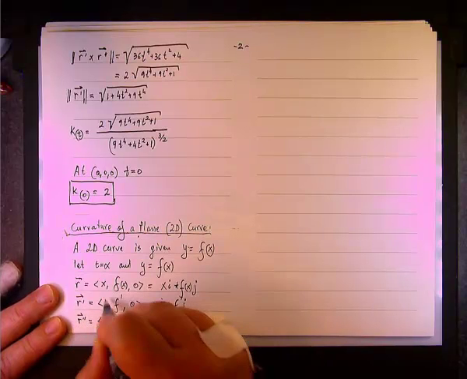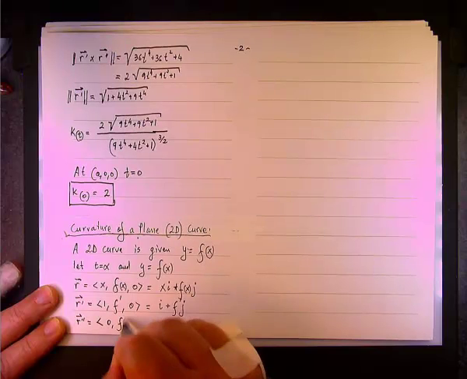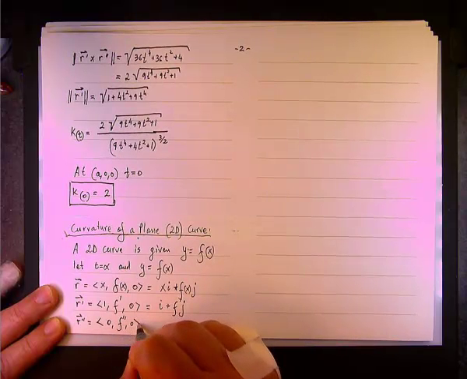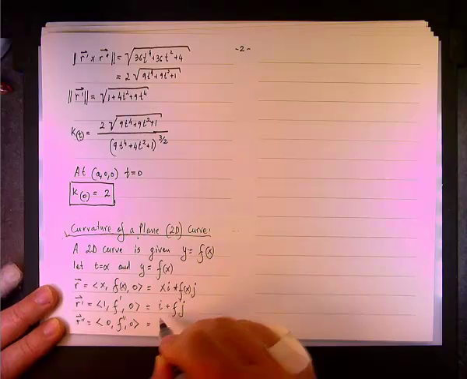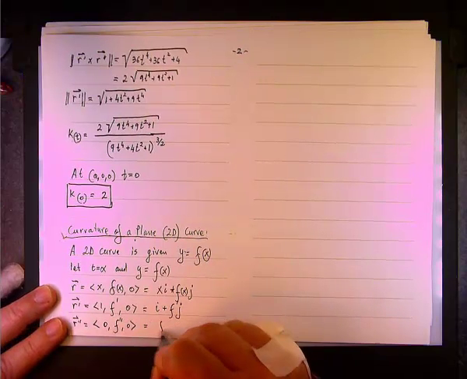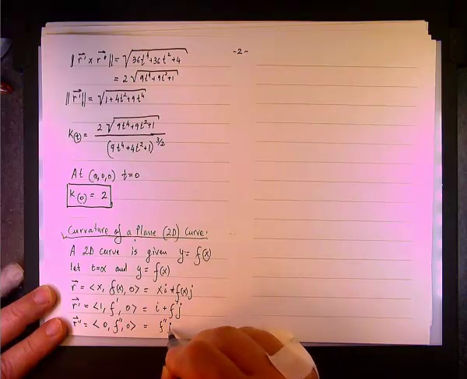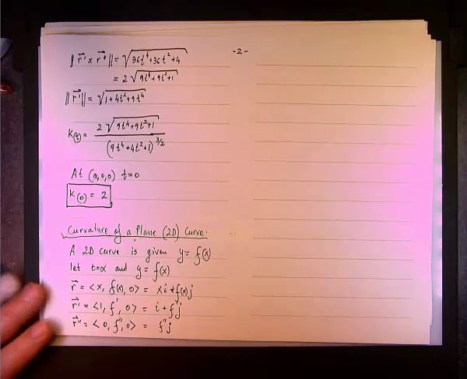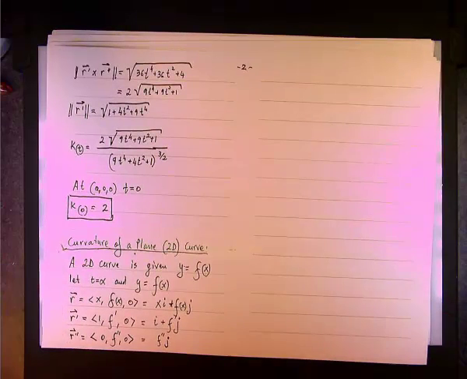R double prime will be 0, f double prime, 0 in the component form, or in the ijk notation, all you have is f double prime j.